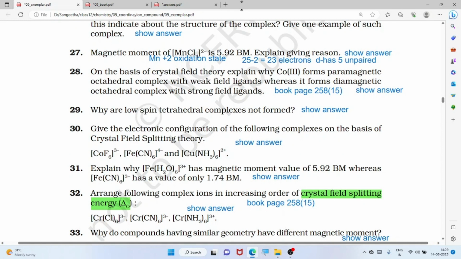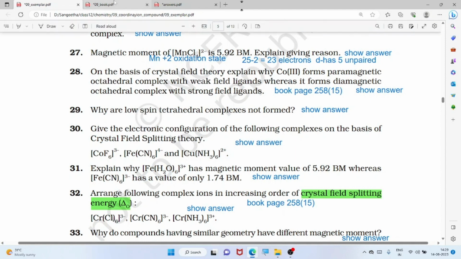Now here on the basis of the crystal field theory, explain why cobalt 3 forms paramagnetic octahedral complex with weak ligands, whereas it forms a diamagnetic one with strong ligands. Strong ligand means it allows pairing. Weak ligands, it won't allow pairing of the electrons. Show answer 28.